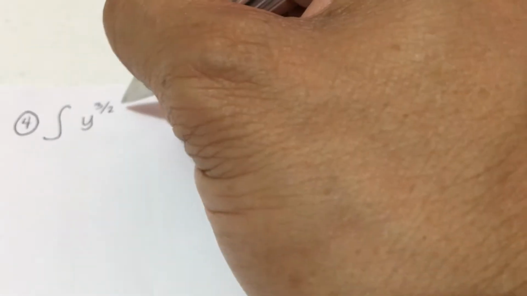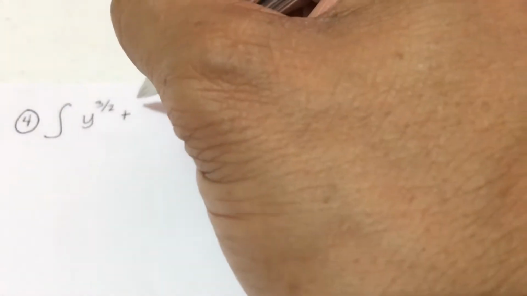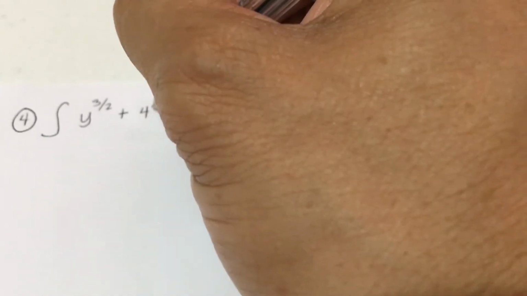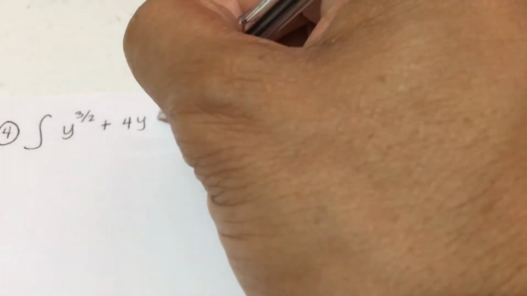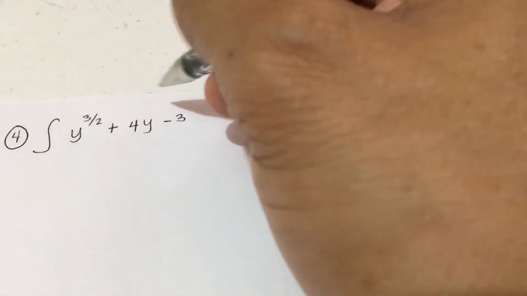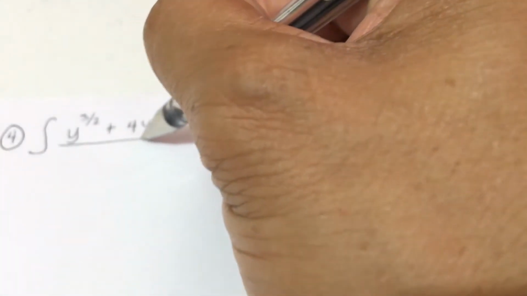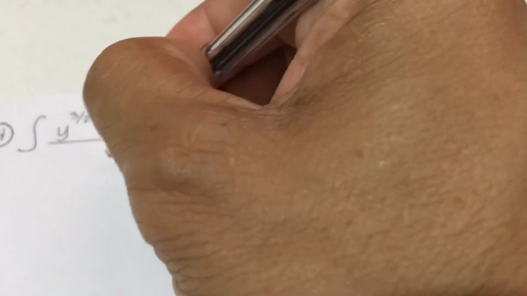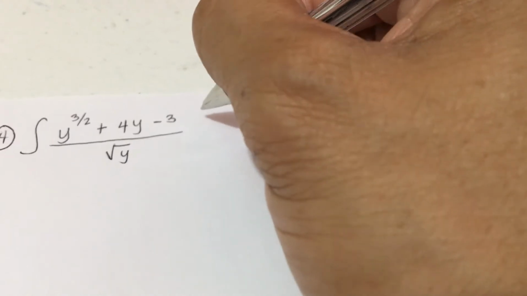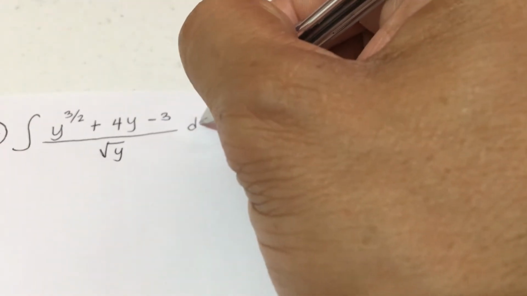So number 4, the integral of y raised to the power 3/2 plus 4y minus 3, all of these terms divided by square root of y, then multiplied by dy.